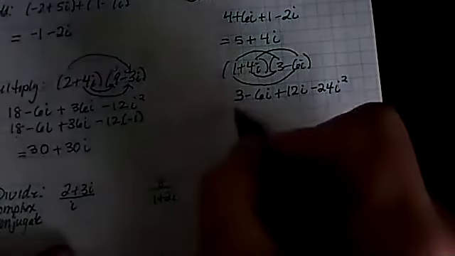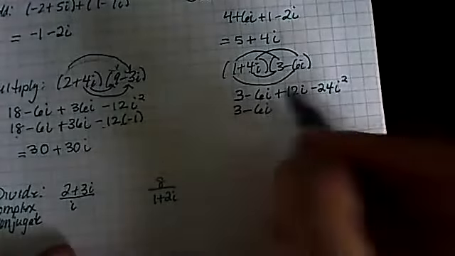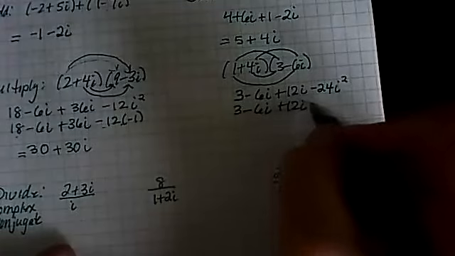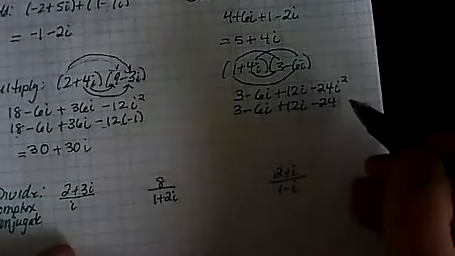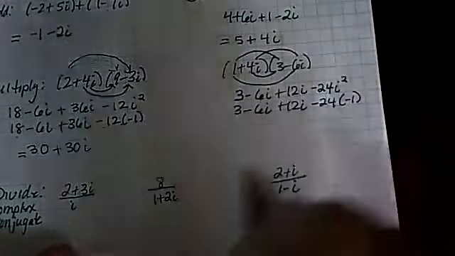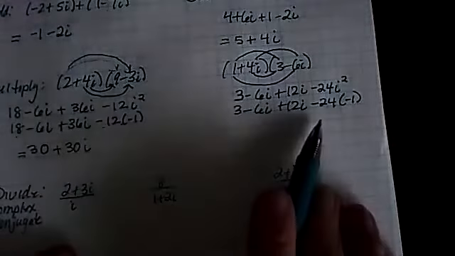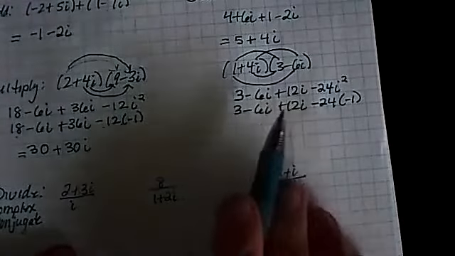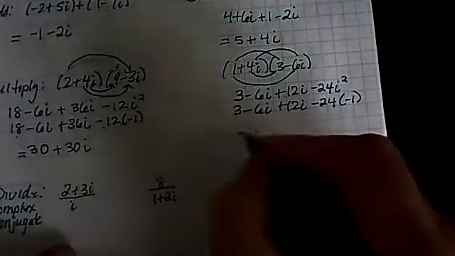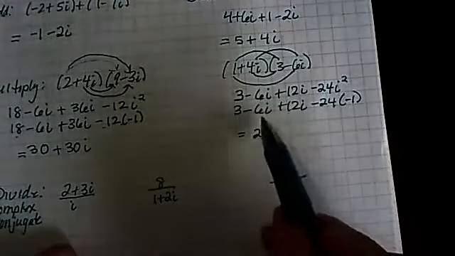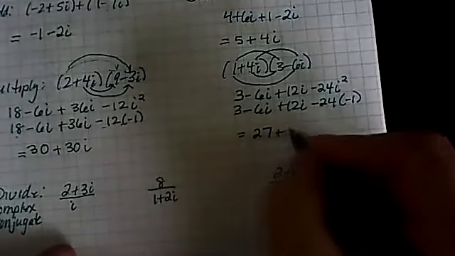So I'm just going to rewrite so you see this. So 3 minus 6i plus 12i minus 24, and in place of the i squared, I'm going to put a -1. So this becomes a positive 24. So 24 plus 3 is 27, and then -6i plus 12i is plus 6i.